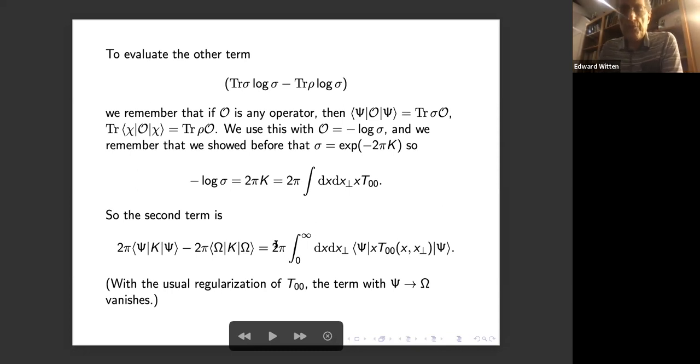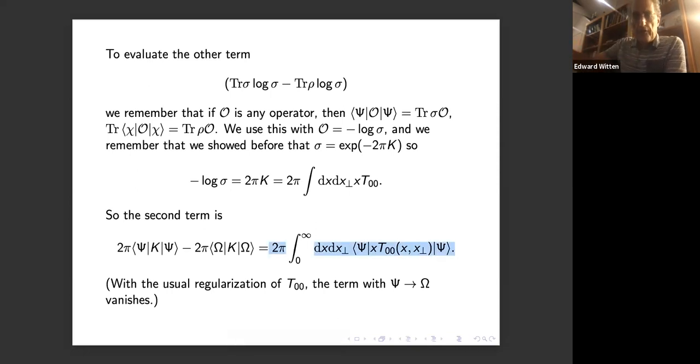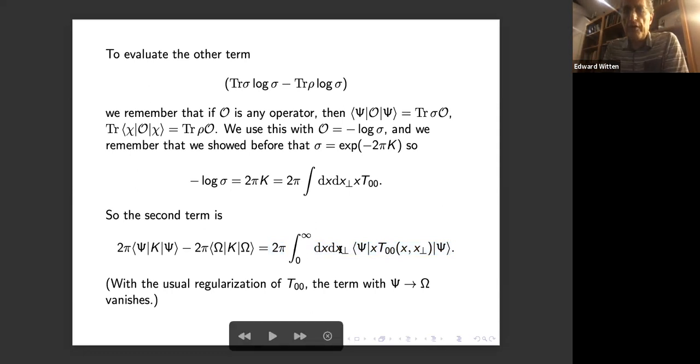So explicitly, that's 2 pi times an integral over half of space at time 0. X goes from 0 to infinity. The normal coordinates are integrated from minus infinity to infinity.